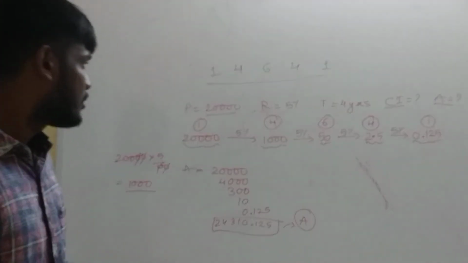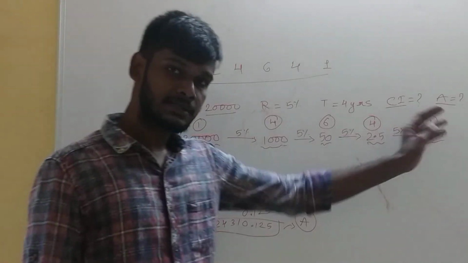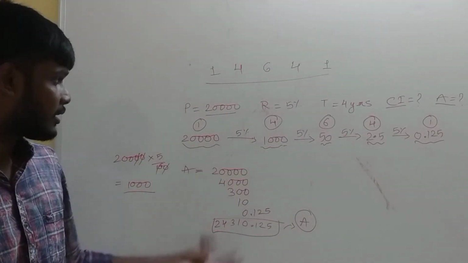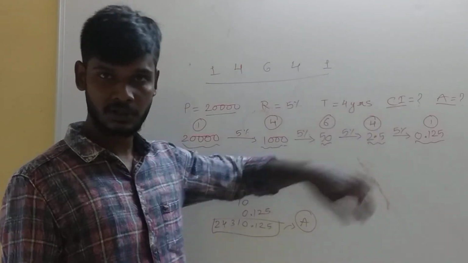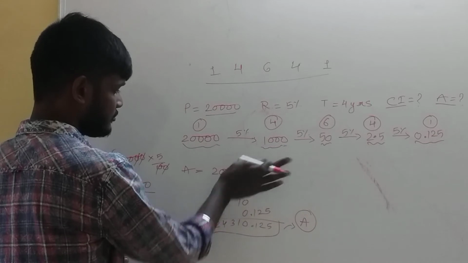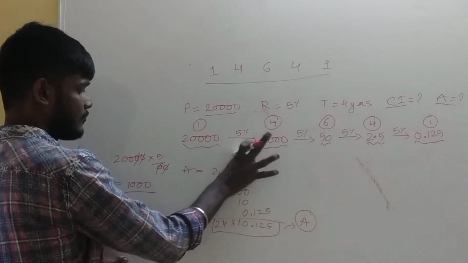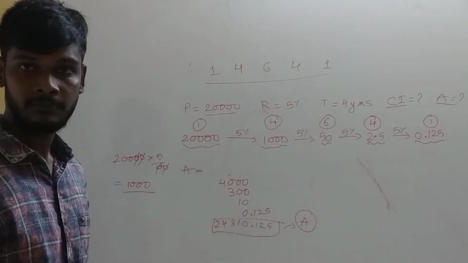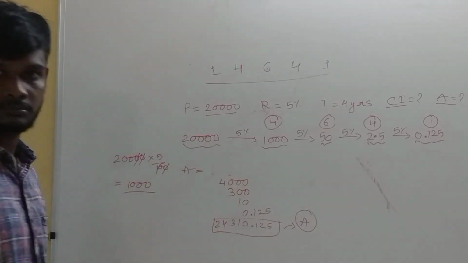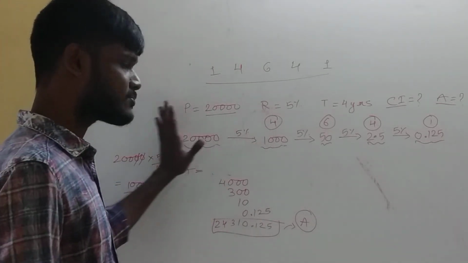You can do it like this and subtract the principal from it to get the compound interest, or else you can do one more way. Just eliminate this thing, that means just don't write it. You have to skip this process.